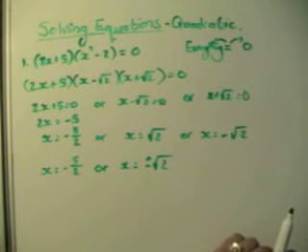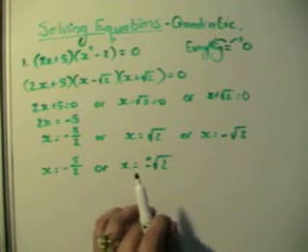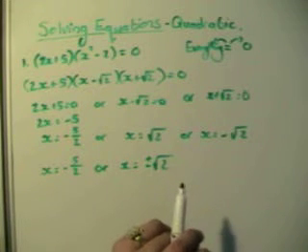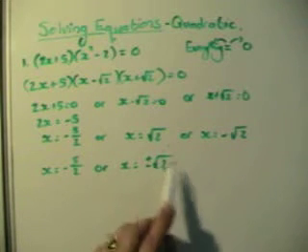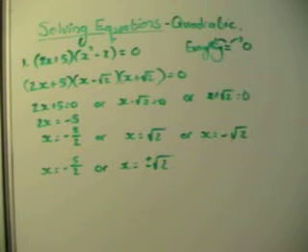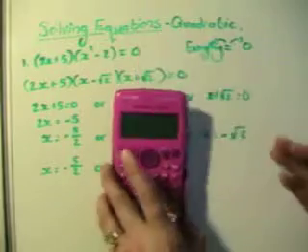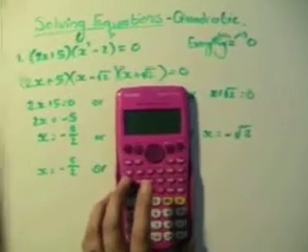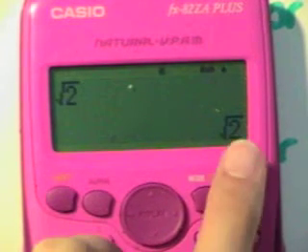And now depending on the question, you can either leave this in root form, or if they say give your answer to 2 decimals, then you're going to just feed that into your calculator and leave the answer as a decimal. Let me just show you, if you have one of these Casio calculators, if I feed in root 2 and I press equal, it gives me root 2, which is not very helpful.